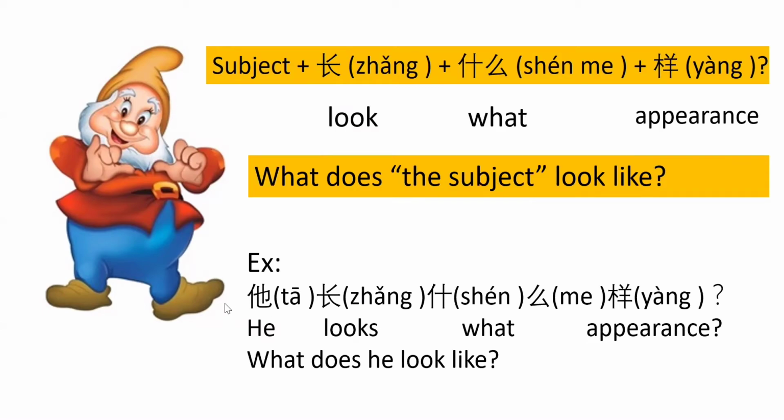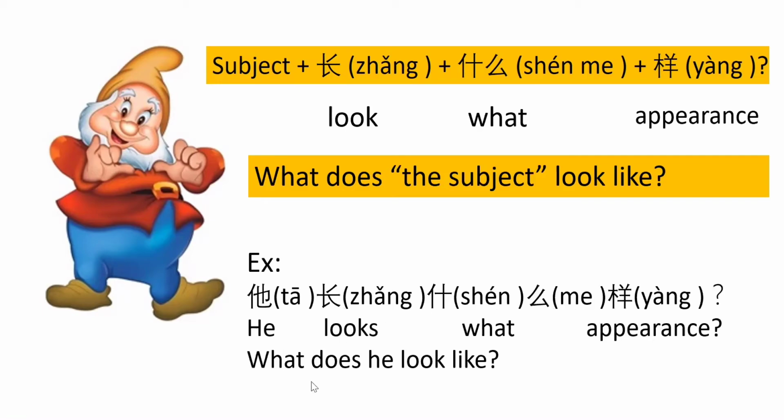Look at some examples. So first, we say 他长什么样? This 他 means he, which is the subject we want to talk about. So he looks what appearance. That's how you translate it word by word.